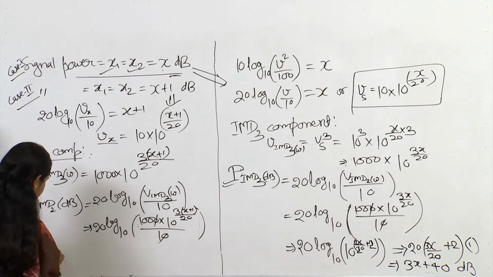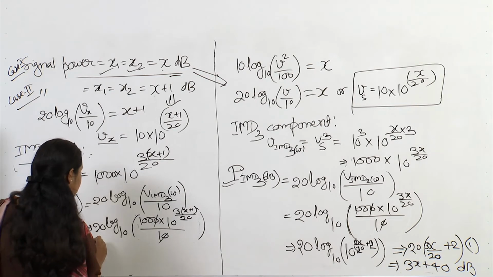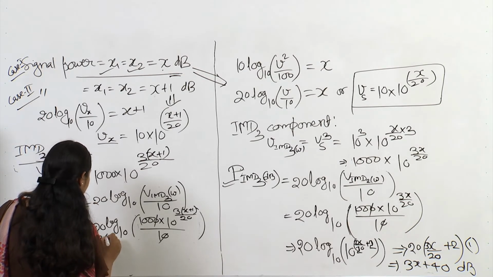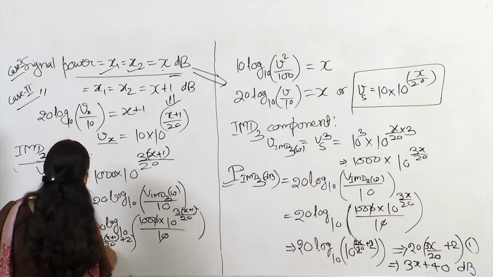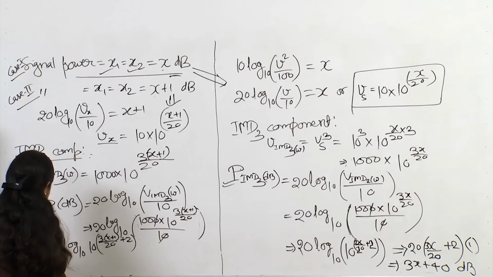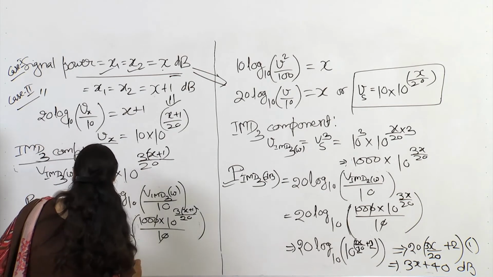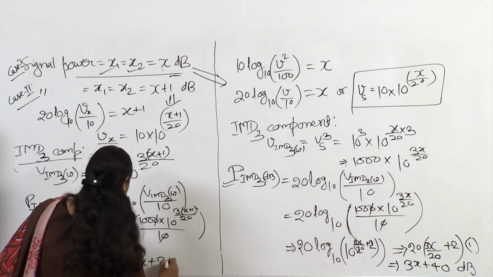So, 20 log 10 and it becomes 10 to the power 3 x plus 1 divided by 20 plus 2, and if you simplify further, 20 times 3 x plus 1 divided by 20 plus 2, and the output becomes 3x plus 3 plus 40.